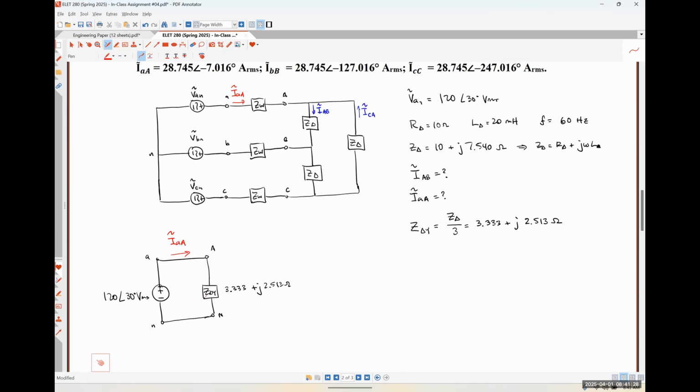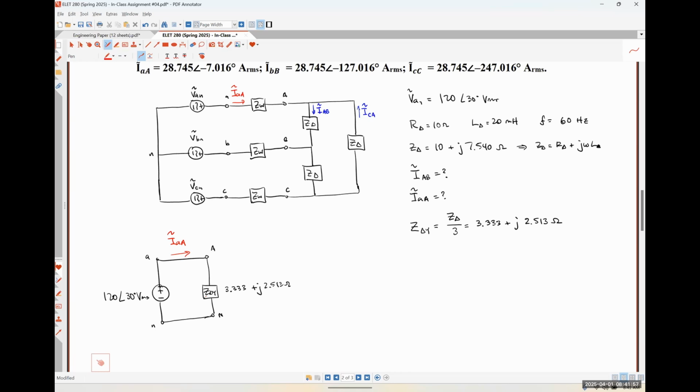I'm not going to be able to put those phase currents IAB or ICA in my single phase equivalent circuit, because those are currents that are flowing through a delta connected load. And as soon as we transformed it into a Y connected load, those currents literally no longer exist.